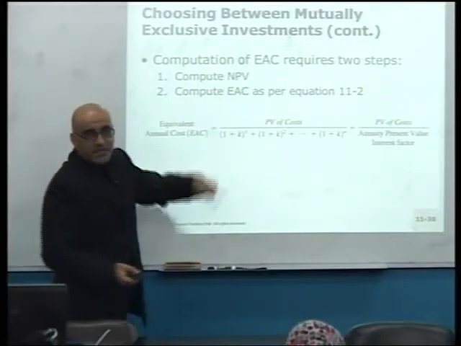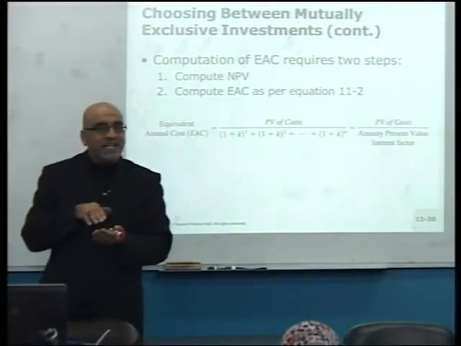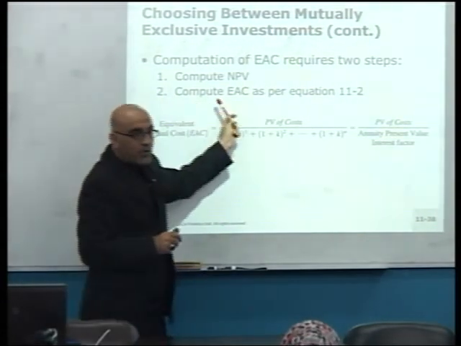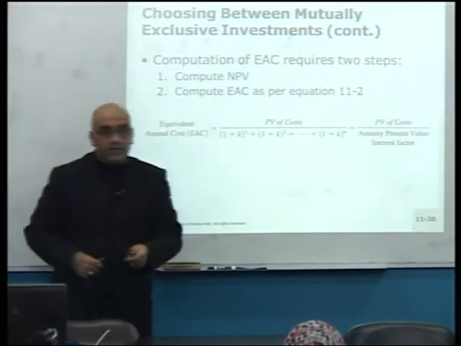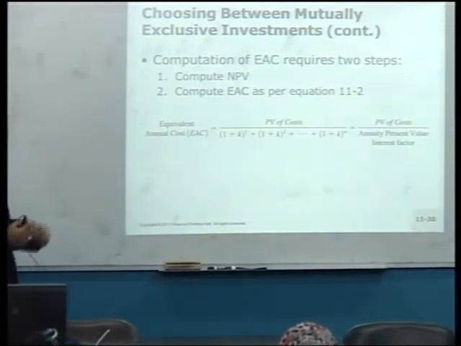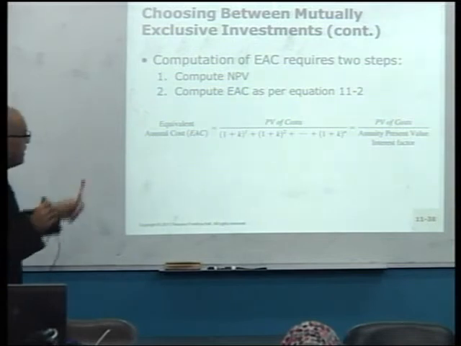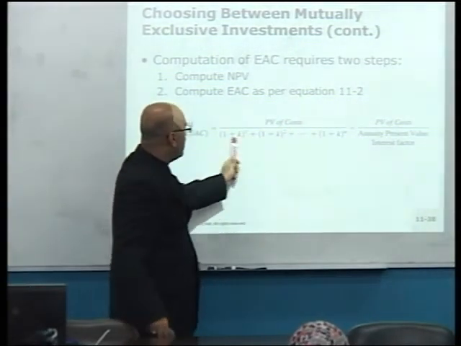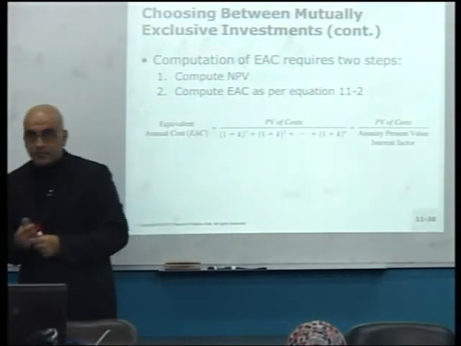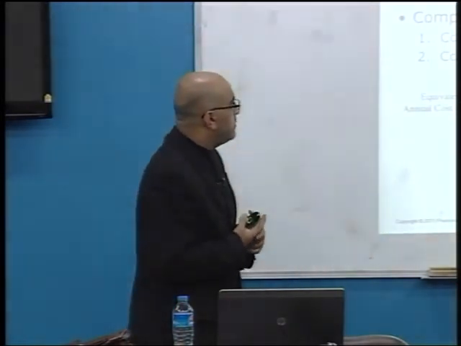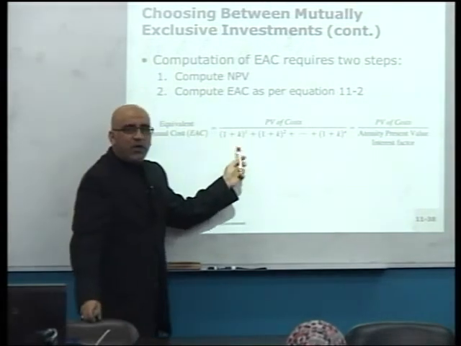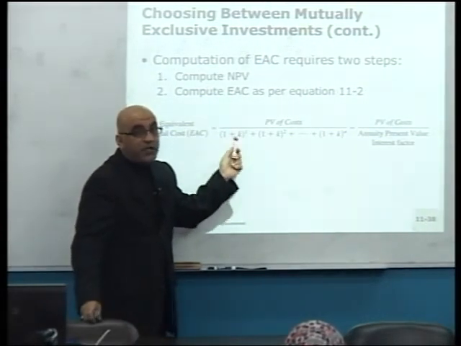First, compute the net present value. The net present value is already included in the calculations. Then we compute the equivalent annual cost as shown in equation 11.2. The equivalent annual cost is the present value of cost divided by the annuity discount factor. To estimate this, we go back to the present value of an annuity.